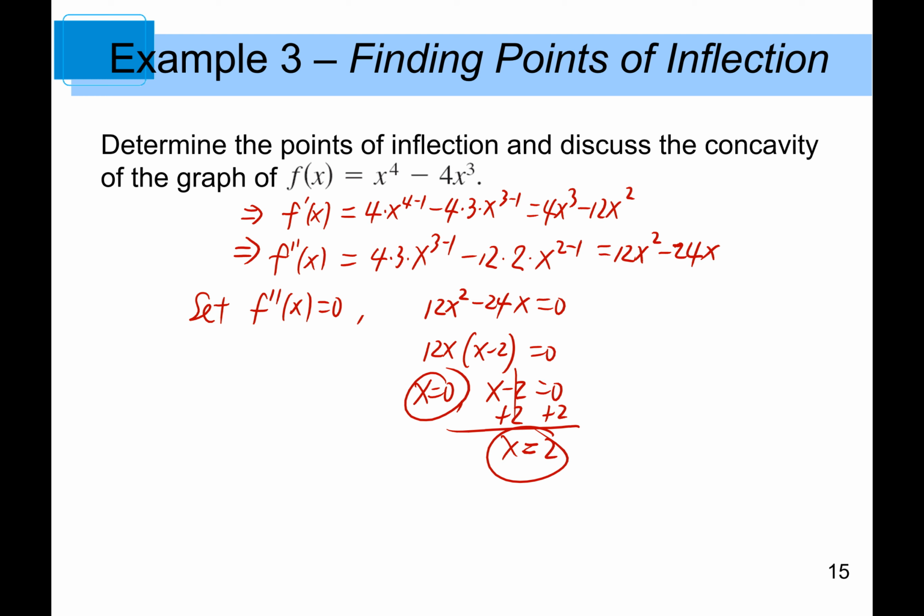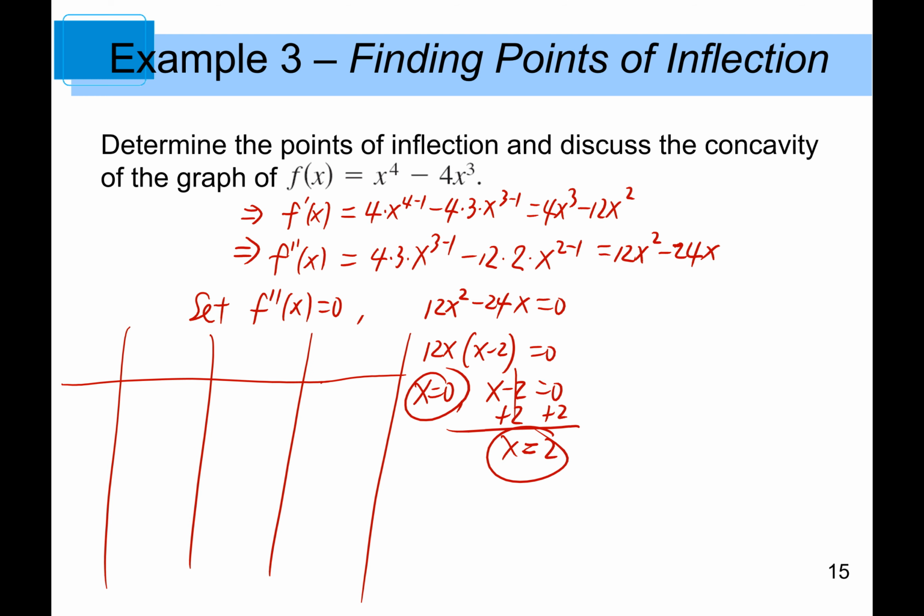0 and 2 are the points we have to check, right? So now let's create a table. For the test intervals, let's start with the domain of f of x. Since it's a fourth degree polynomial function, the domain is all real numbers, from negative infinity to positive infinity.